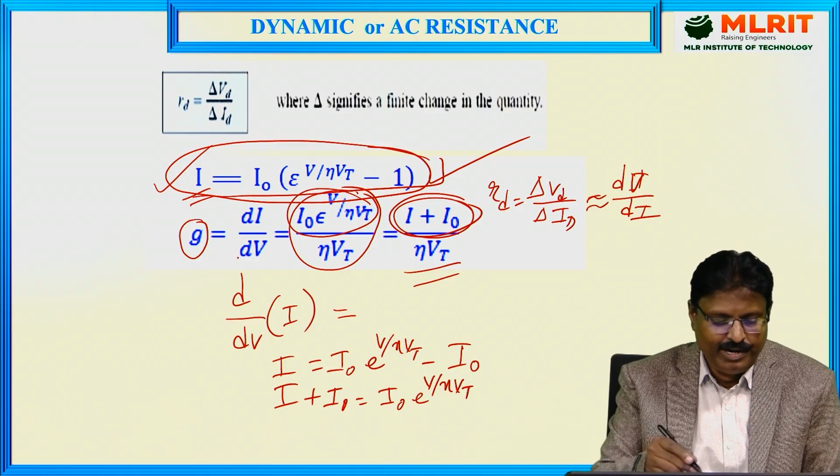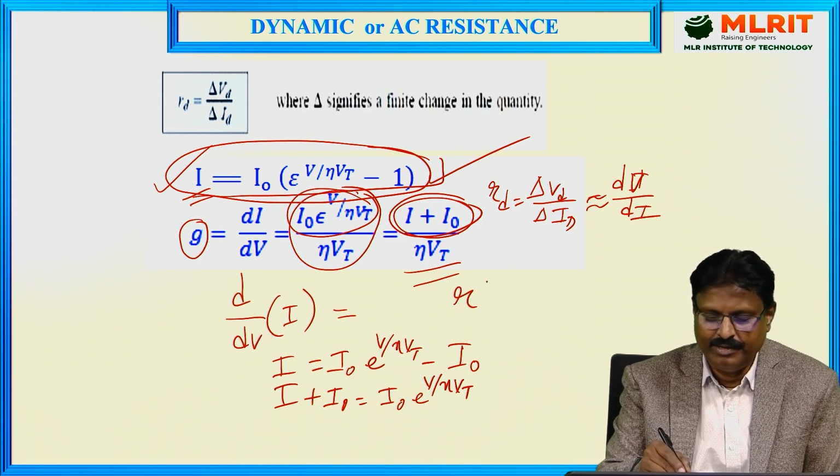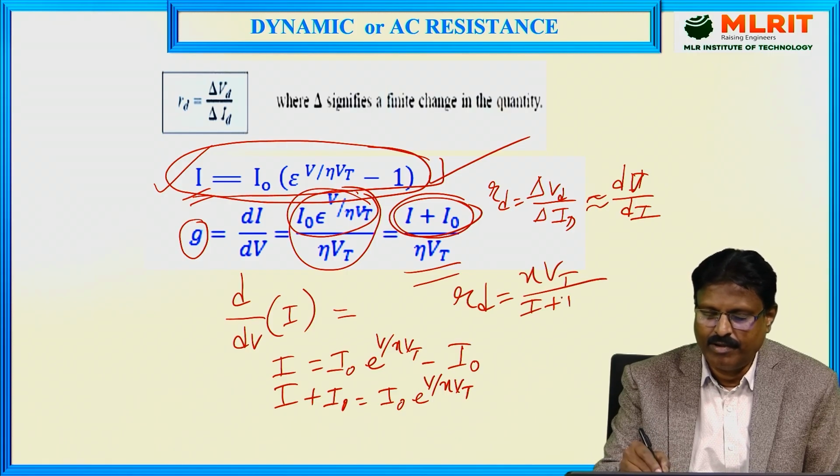I want dV by di, so the final equation will be RD is equal to eta Vt by I plus I naught.